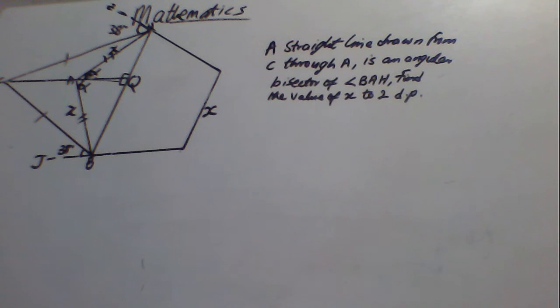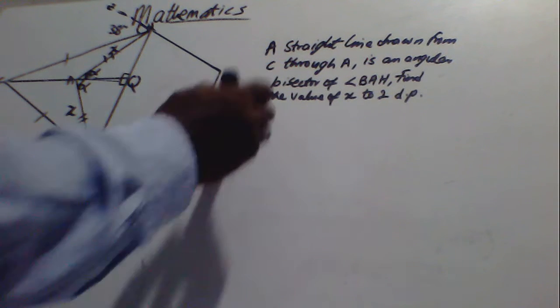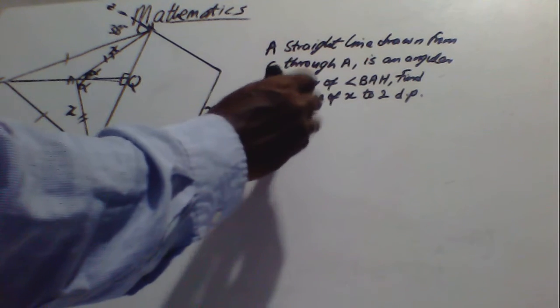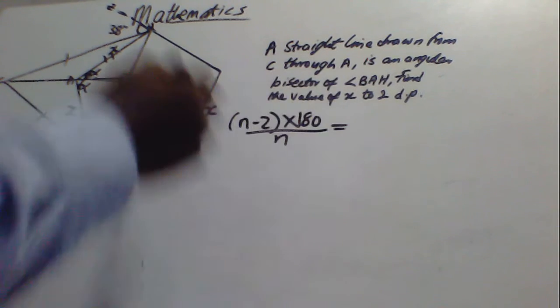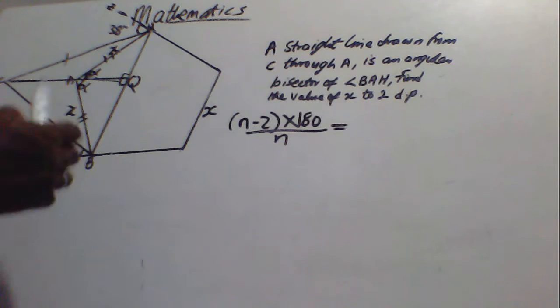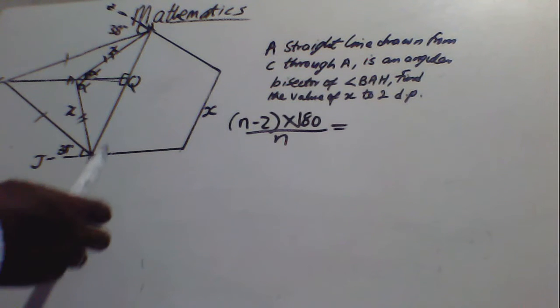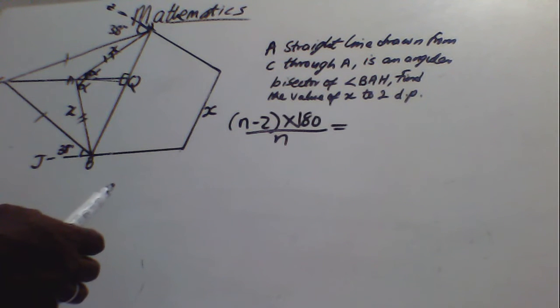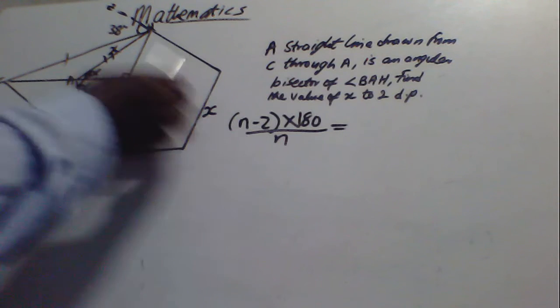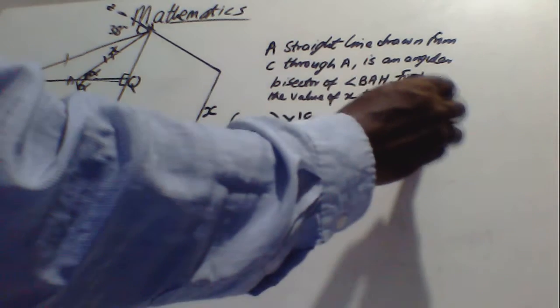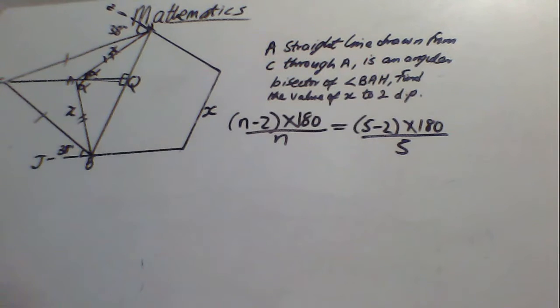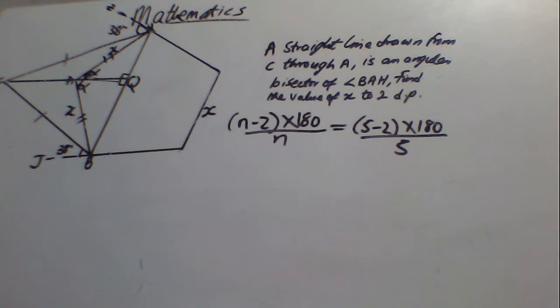And then let us find the internal angle of a regular pentagon using n minus 2 times 180 divided by n. In this case, the side is X. How many sides does it have? The regular pentagon has 1, 2, 3, 4, 5. So we have 5 minus 2 times 180 divided by 5, to get the internal angle of the regular pentagon.